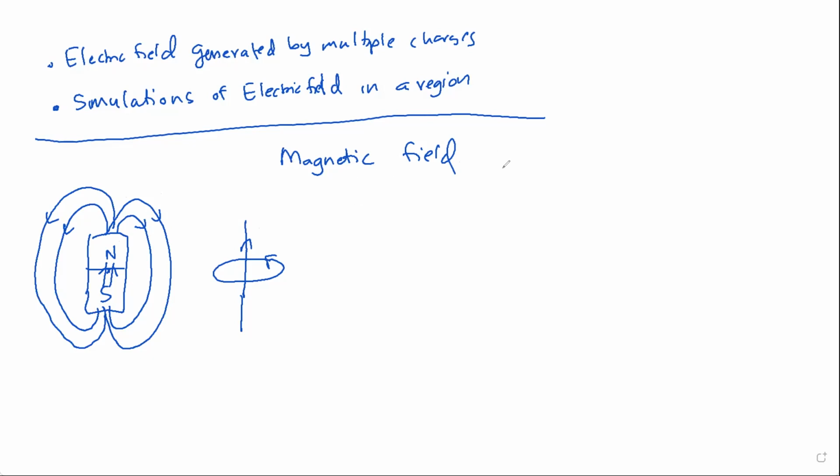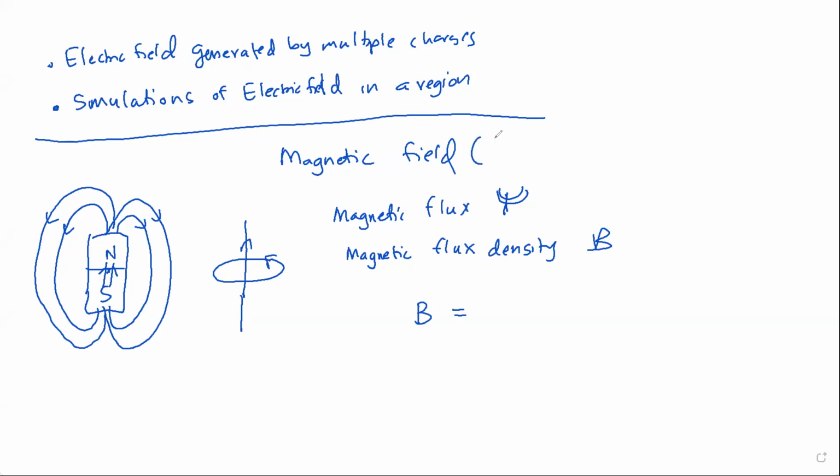Magnetic field related parameters are magnetic flux, which we define using the capital phi symbol, and magnetic flux density, which we define using the capital letter B. And then we said that capital B is related to the magnetic field, which we give using capital H, using this relationship.